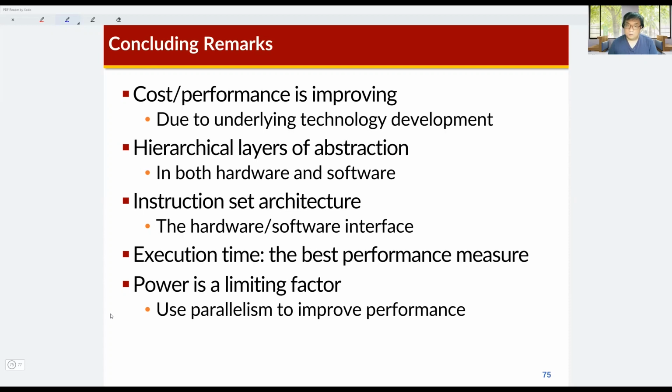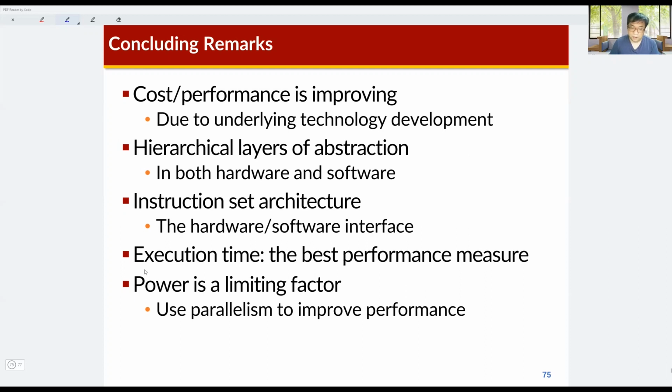Okay, I will conclude chapter 1. So we need to focus on the cost and performance of a computer processor. Okay. And then we also learned about abstraction, and we will learn about the instruction set architecture in chapter 2 actually. But we learned about the various layers of computer systems like software and hardware.